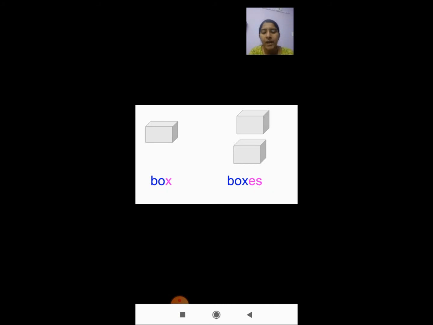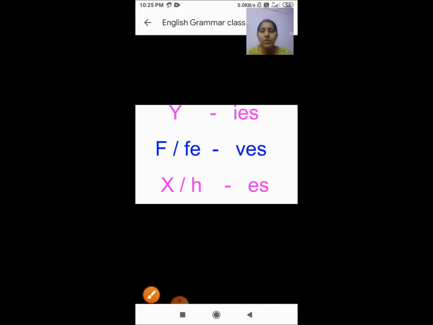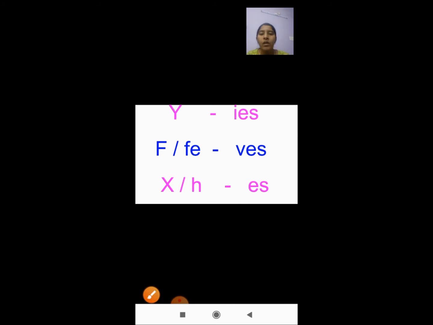So I'll just go with the next one. This is what I was telling. Whenever you see a Y at the last of the word, we are going to remove the Y and write IES.